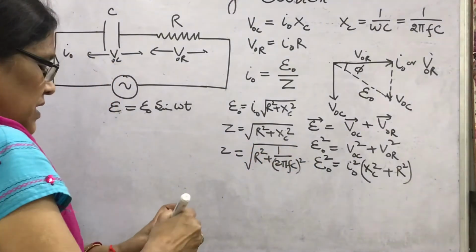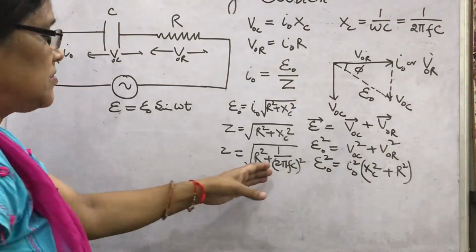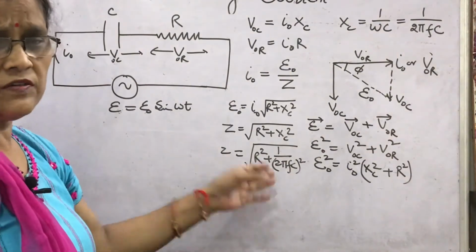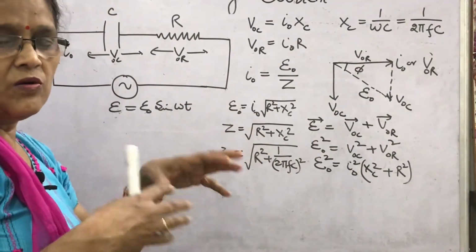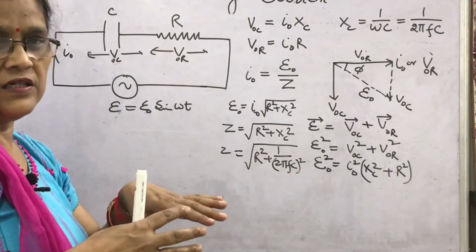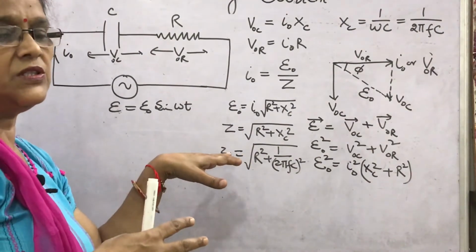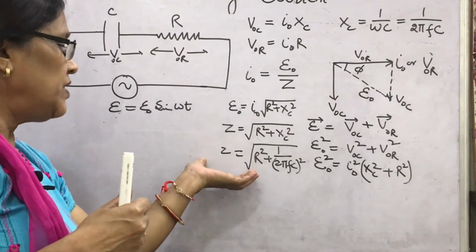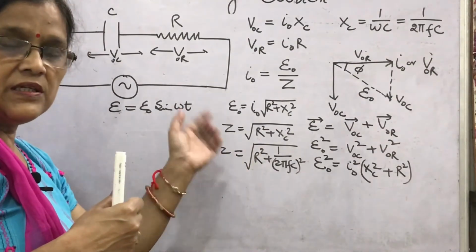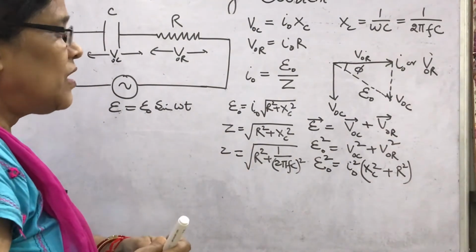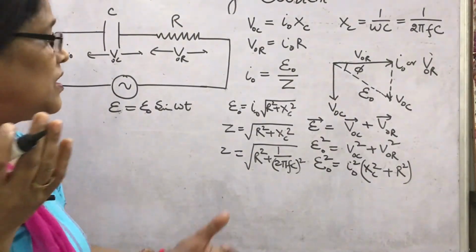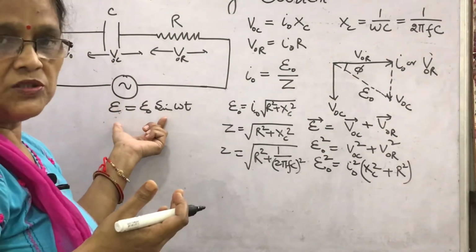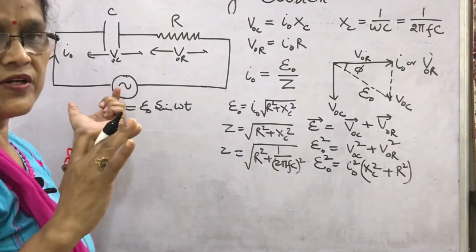This is an important result, used in conceptual questions, for example on the glow of a bulb when connected in an AC circuit. I will ask such questions. So here we have found the impedance in the CR circuit. What about the phase angle, that is, the angle between the applied source voltage and current?